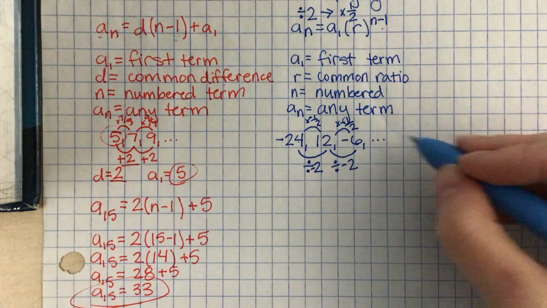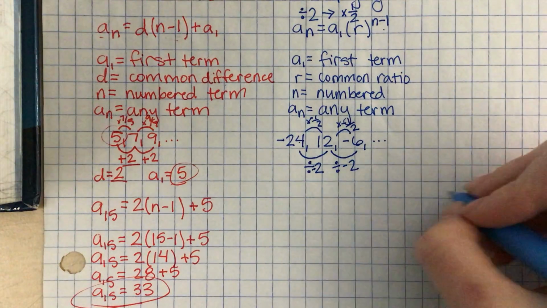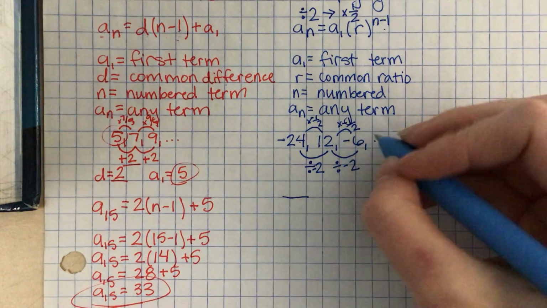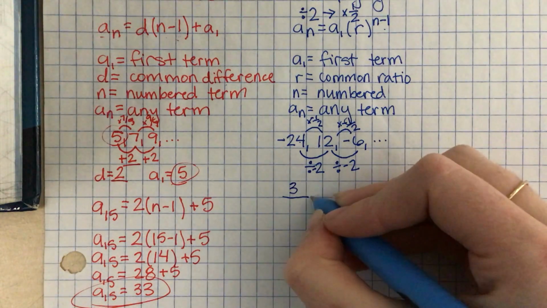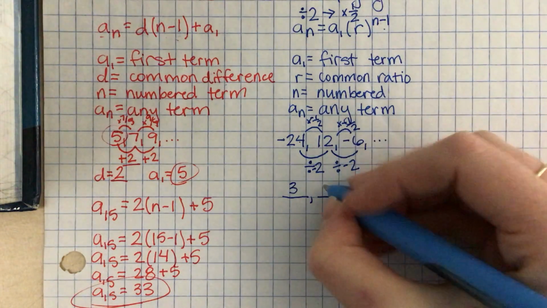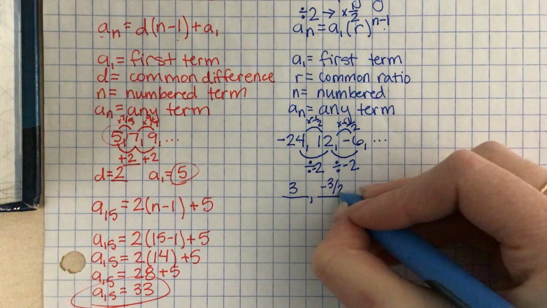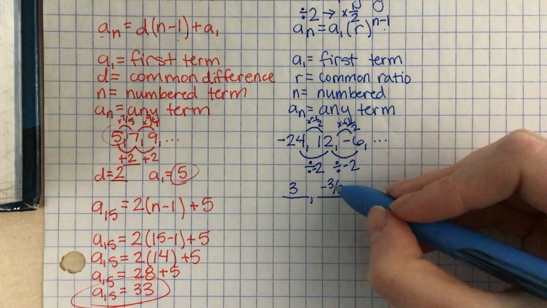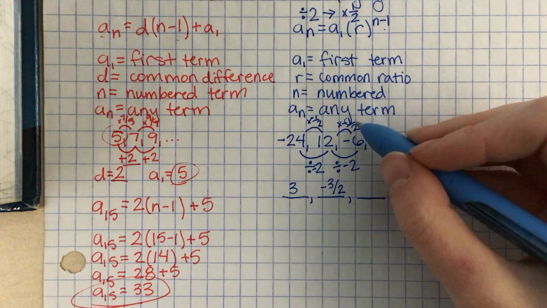So now if I were to ask you to write the next 3 terms for this one, we would say that the next term, negative 6 times a negative 1/2, would give me a positive 3. The next term after that would be 3 times a negative 1/2, which is negative 3/2. And the next term after that would be negative 3 over 2 times a negative 1/2.